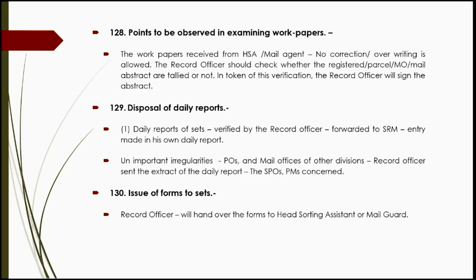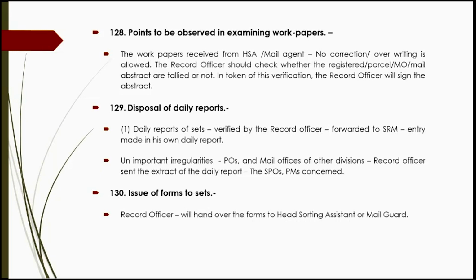Next is the daily report. What does the daily report contain? We saw in the general duties itself that the daily report contains irregularities. Whenever something is out of the ordinary, it has to be recorded in the daily report, and it will be submitted by the HSA, or the mail agent if it is a section.